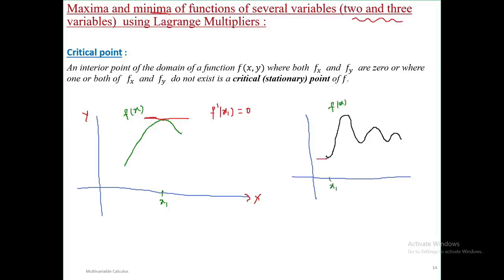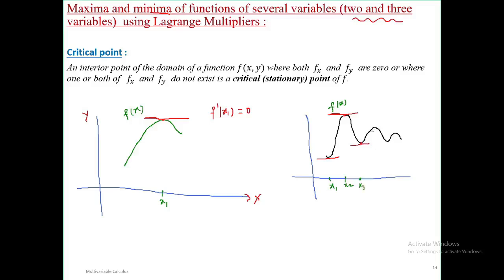So the tangent is exactly parallel to the x-axis, and this is one point. At this point again the tangent is standing, so this tangent is also parallel. Let's say this point is x2. At x2 also the tangent is parallel, and at this point also the tangent is parallel to the x-axis. Let's say this point is some x3.